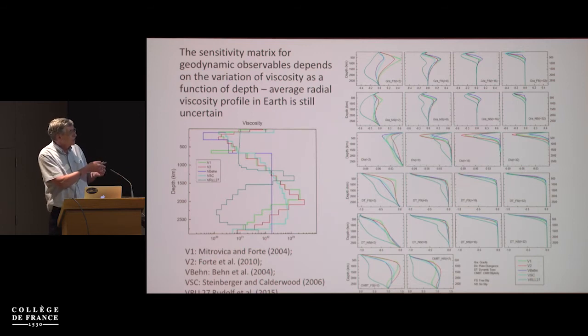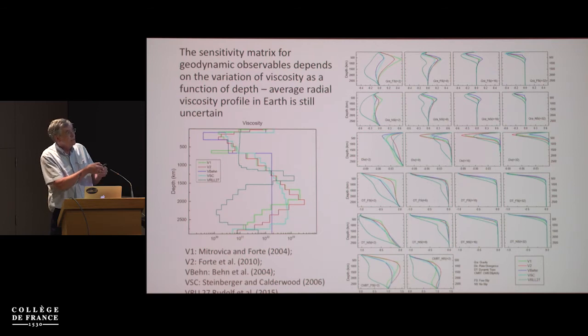So this is a picture of the 5 different viscosity models we used, and you can see here this is a logarithmic scale, so the different models that have been published for viscosity do vary by orders of magnitude in some cases. So we used all these different viscosity models to go forward in this particular analysis.